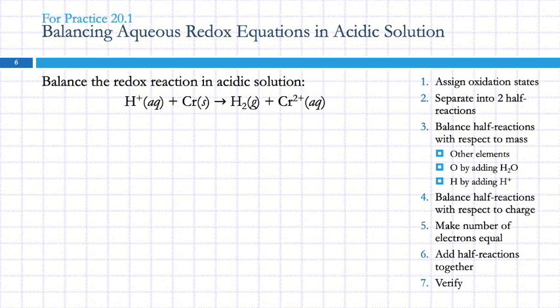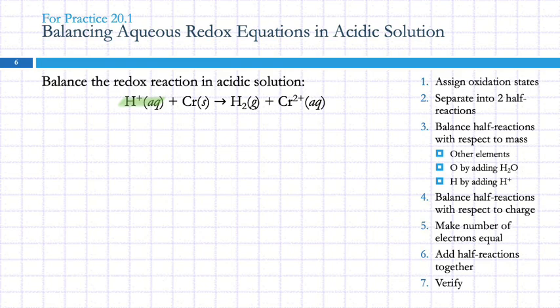So here I have sort of a short version of the instructions, right? Balance the redox reaction in acidic solution. And again, I'm skipping step number 1. So we're going to make 2 half reactions. Here I have a reactant H+, and I need to pick which of the products is most like H+. This part is pretty easy, right?